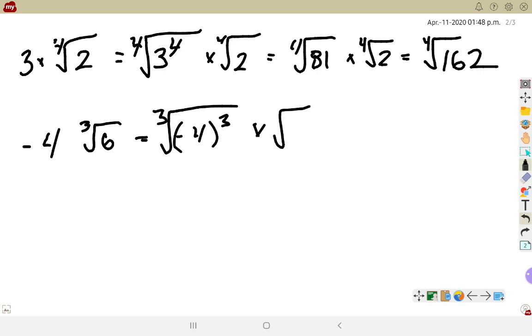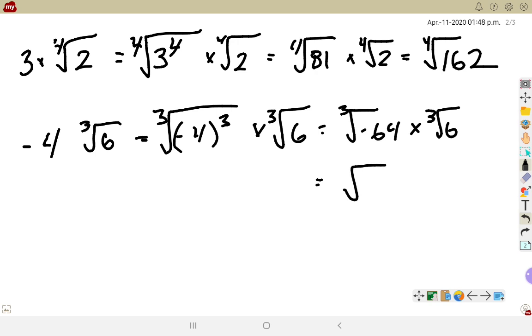All right, so I have the cubed root of negative 4 cubed times the cubed root of 6, and that gives me the cubed root of negative 64 times the cubed root of 6, and in total that gives me the cubed root of negative 384.